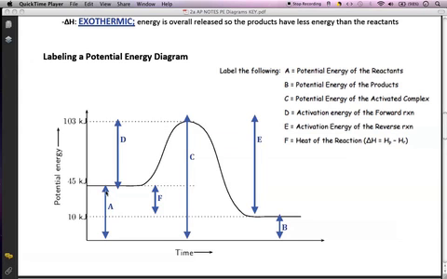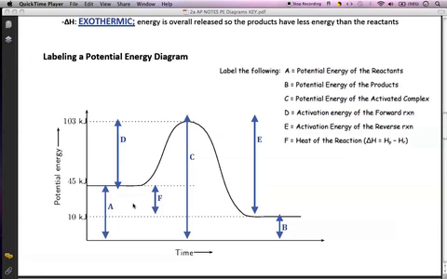Well, the activation energy is how much energy it takes from our starting reactants to get up to that transition state. So that would be the difference of 103 and 45, which is represented by line segment D, our activation energy. The reverse reaction's activation energy would simply be going from the products back up in reverse to the transition state. So that would be our 103 minus 10 kilojoules, which is represented by the line segment that I have labeled E here.